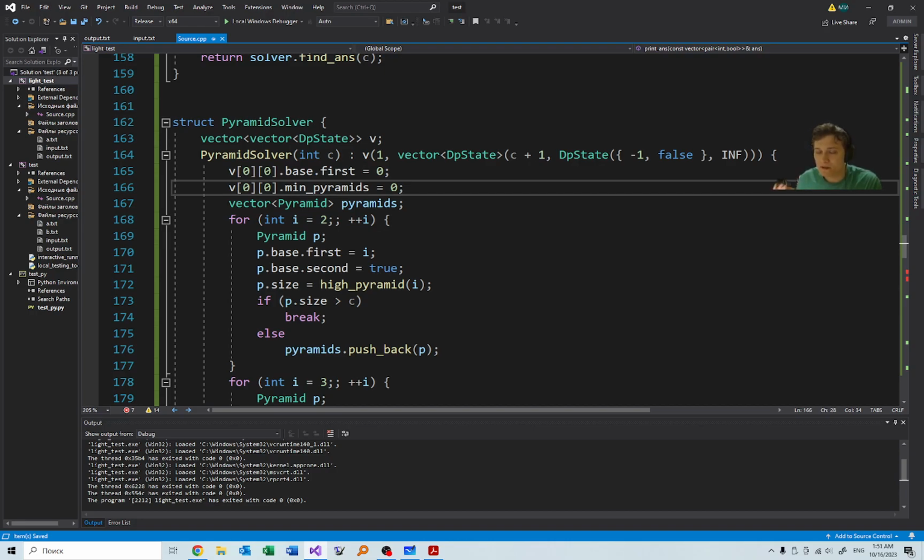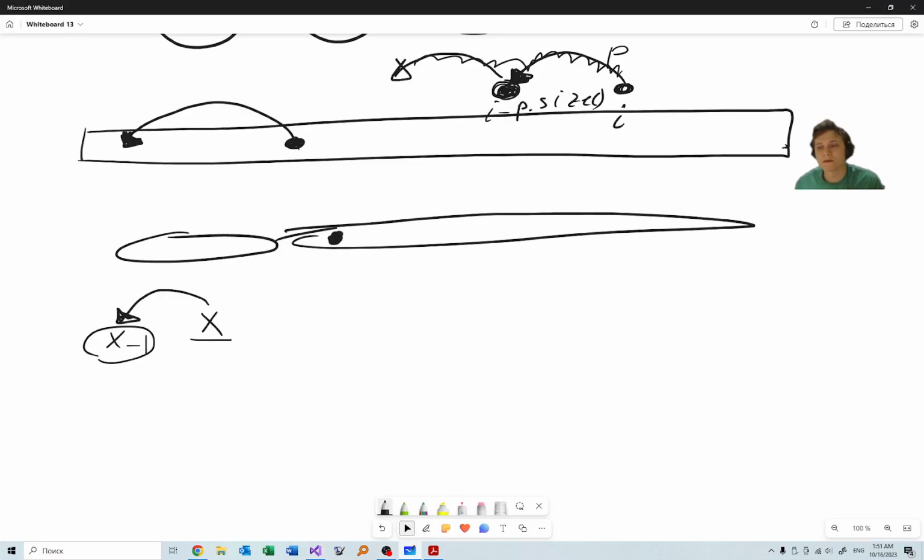Now we need to iterate. So assume, let me think. Okay, so assume, great.